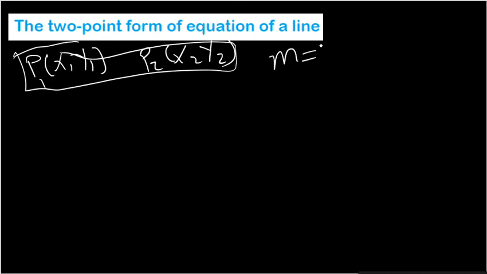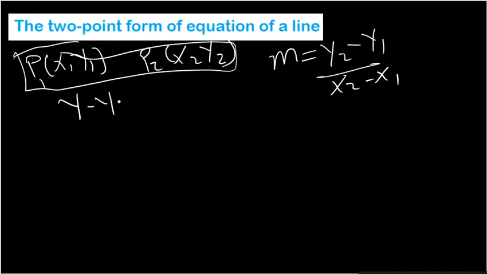The slope, we said already, is (y2 minus y1) over (x2 minus x1). We need to calculate the slope first, and then we can apply the point-slope form of equation of line. That means y minus y1 is equal to m times (x minus x1). We can take in place of (x1, y1) either of the two points.